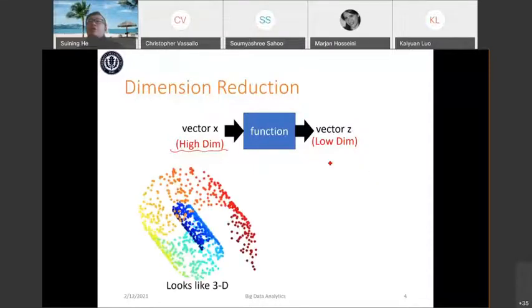This is particularly important in many scenarios. Say, for example, we are given a high-dimensional data set and we would like to visualize it, or better understand how the different data points are distributed.